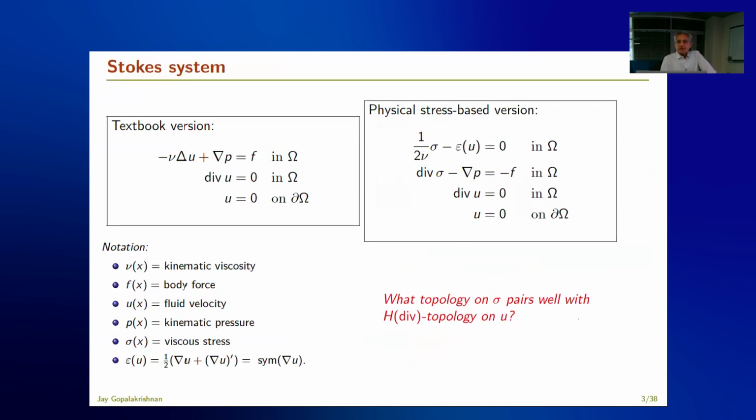In the other box, you see the physical version, which has the conservation of momentum equation, where you see a viscous stress variable, sigma, entering into the first equation. The first equation is essentially the definition of the viscous stress variable, where epsilon is a symmetrized gradient.